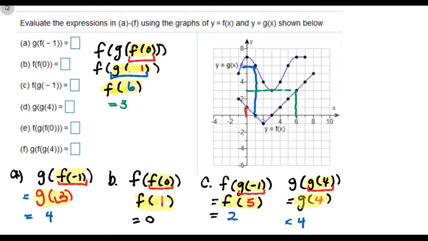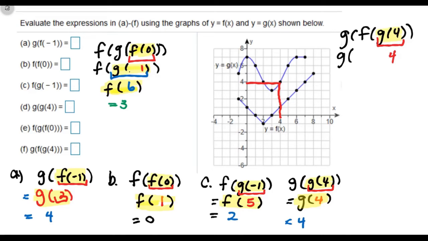All right, and we have our last one. g of f of g of 4. So starting with g of 4, we want to start off at an x value of 4, go up to the graph of g. That gives me a y value of 4. So g of 4 is 4. Now I want to find f of 4.